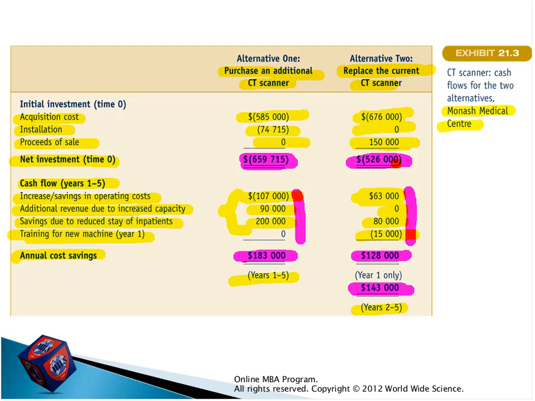Okay, I have a question from a student asking where I got the amounts for the increasing savings in operating costs, like some additional revenue, and how we could bring it. This is a statement of cash flow of the medical center that they provided us, showing how much they got in operating costs or savings during the 5 years.